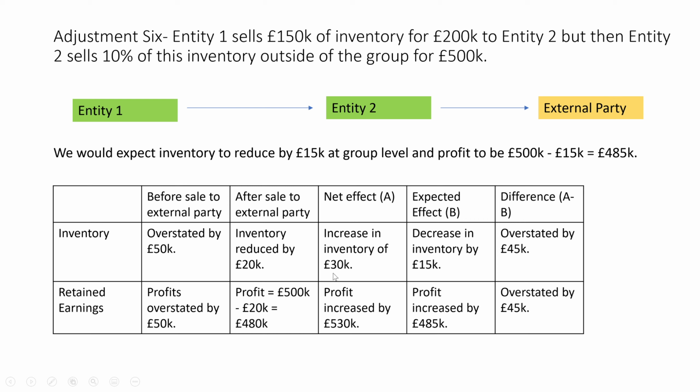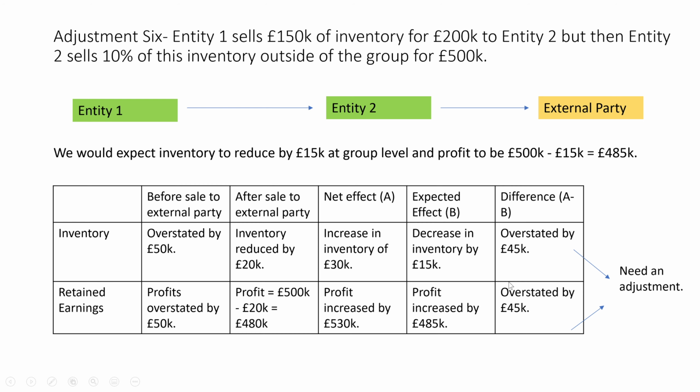Similarly, we expected profits to increase by 485, but they've actually increased further. So this time our overstatement is 45k and 45k. So we started off with an overstatement of 50, and that's marginally reduced to 45k. Okay, I suggest working through this part yourself if you don't understand.